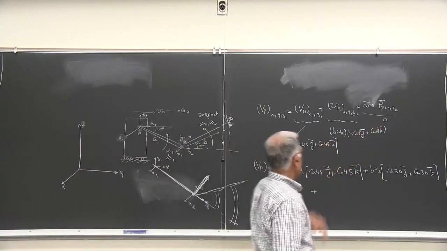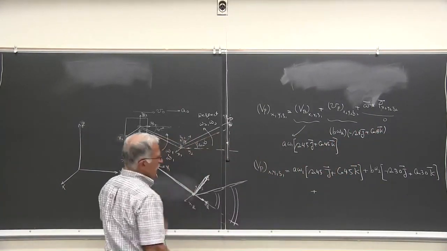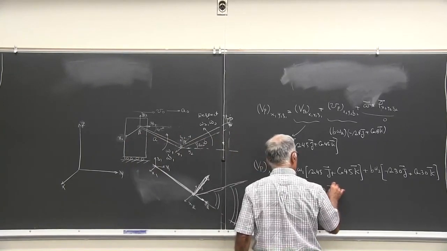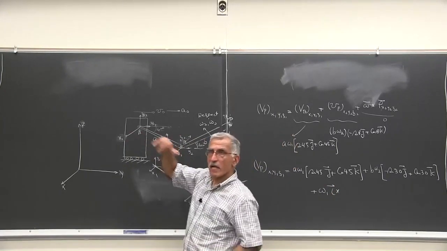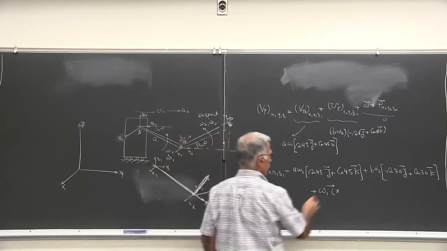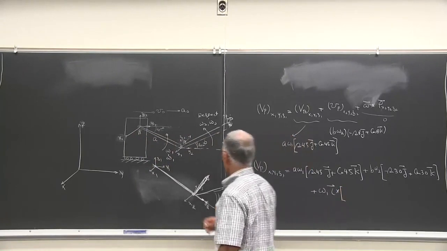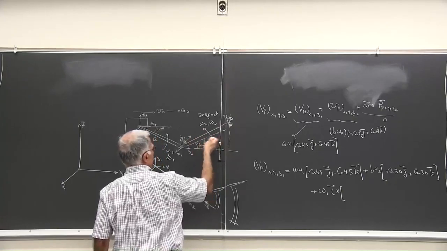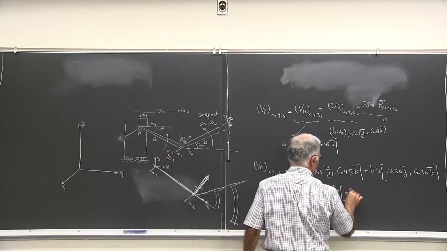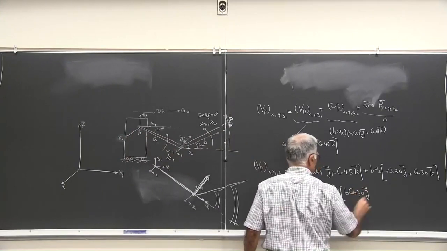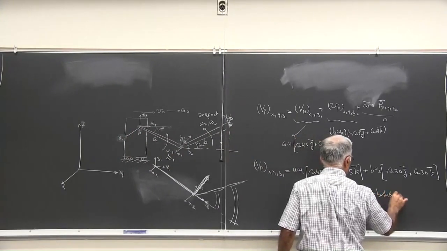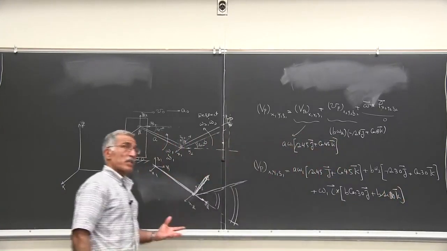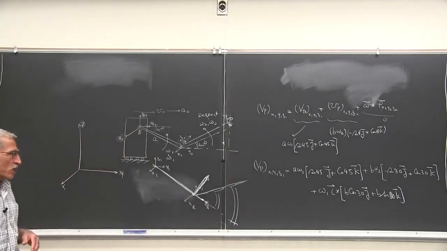This term is being twisted by omega number 1, so that's omega number 1 i, because the rotation is coming out of the page, times rho, which would be equal to b cosine 30 j plus b sine 30 k. So this time it is no longer 0, and you do have an additional term.